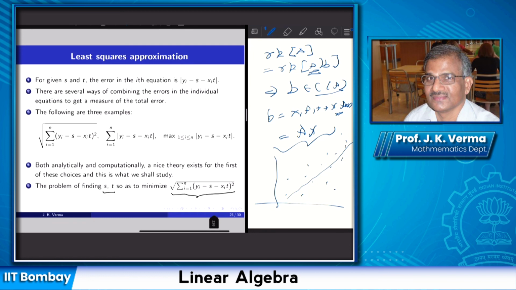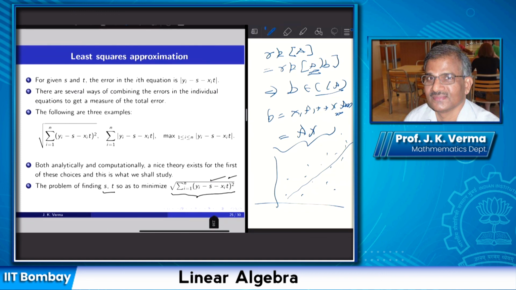Find a straight line so that the sum of squares of these errors and their square root is minimized. So this is a maximize-minimize problem. There are two parameters s and t. Of course, you can say, all right, this is a nice equation, I want to minimize the error, take the partial derivative with respect to s and t, and then use the maximize-minimize criteria and find s and t.